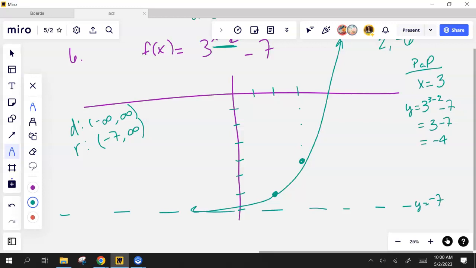In behavior, as x approaches infinity, what does the graph do? There you go. How about as x approaches negative infinity? Yes. You need a sheet too? On the in behavior, yes.